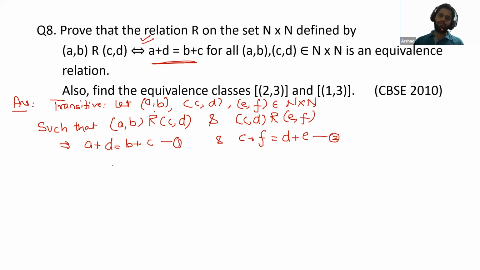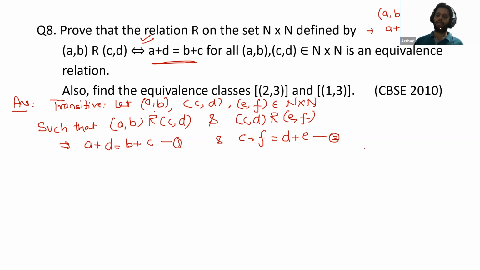Now, what result do we need at the end? We require the relation between the first and third values. That means we need a comma b related with e comma f. For this we need the condition a plus f is equal to b plus e.